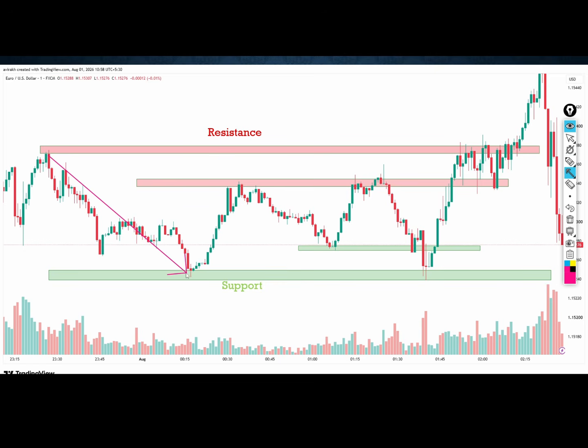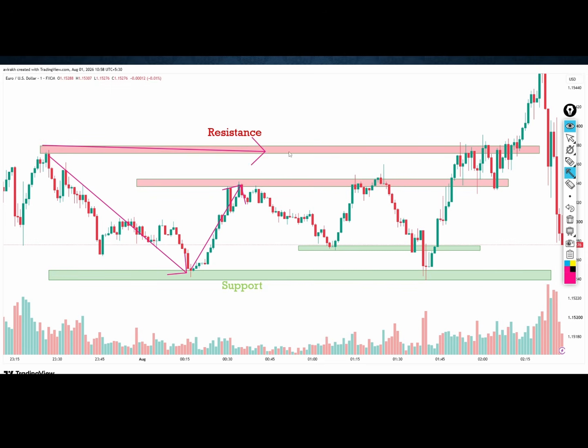After reaching this support level, we will wait for confirmation, whether the market is going to reverse or not. After getting confirmation, the market went up. Always wait for the confirmation.